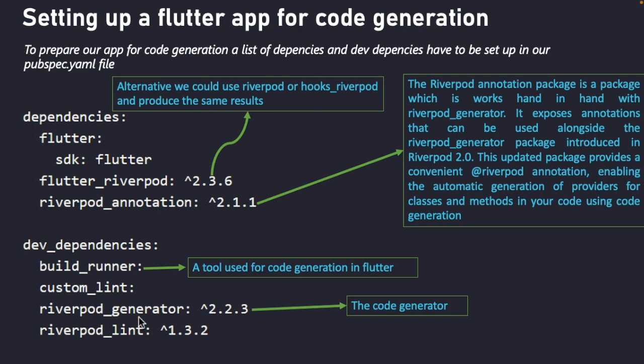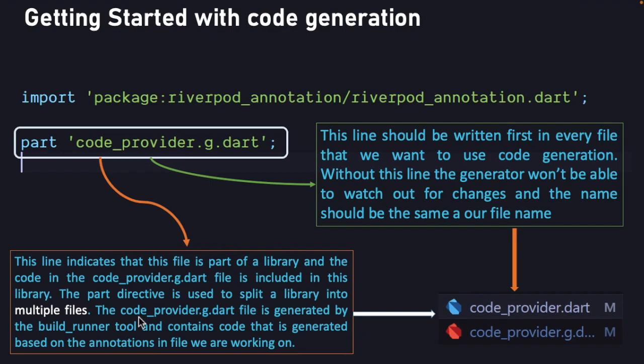So let's move on. When we are working with code generation, there are some steps that we should take. The first one is when we create a new file. In order for us to generate code, we should include this line of code in our file, just below the imports.